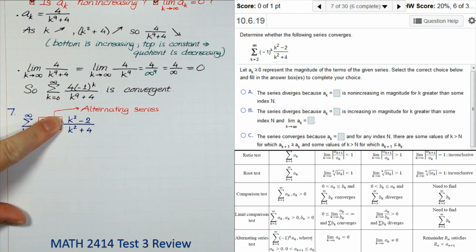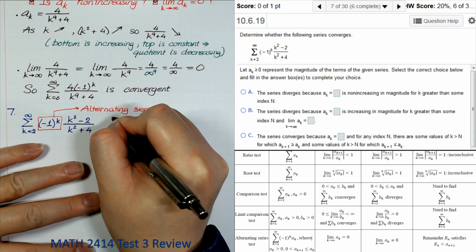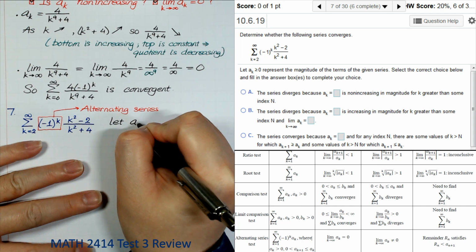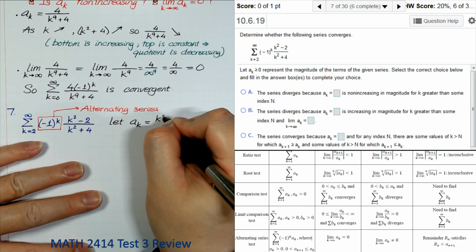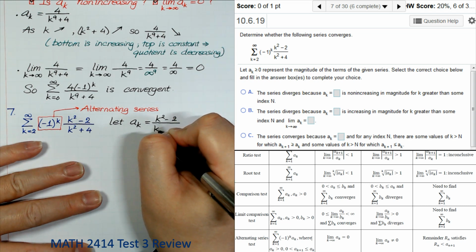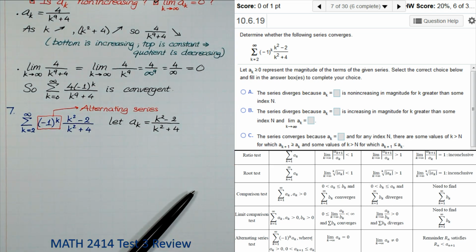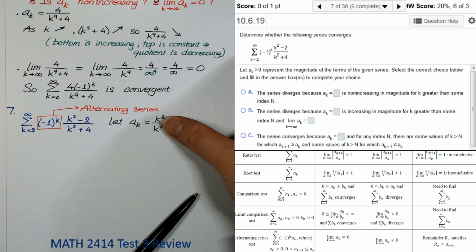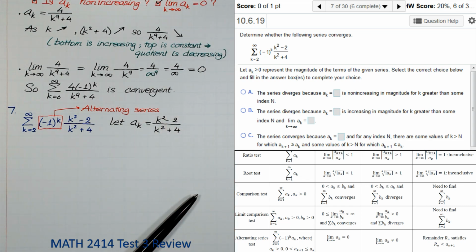Ignore that, we have h of k. By the way, we don't have to do much. This one fails. As k goes to infinity, h of k equals 1. So the series diverges, for sure.